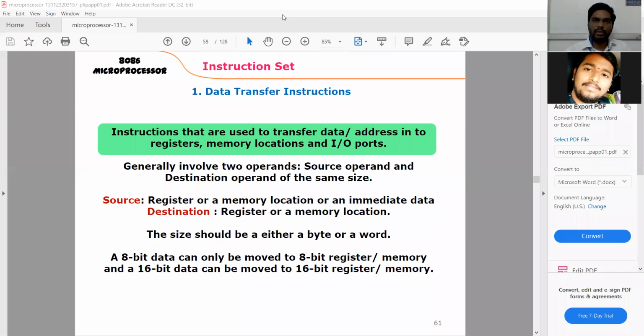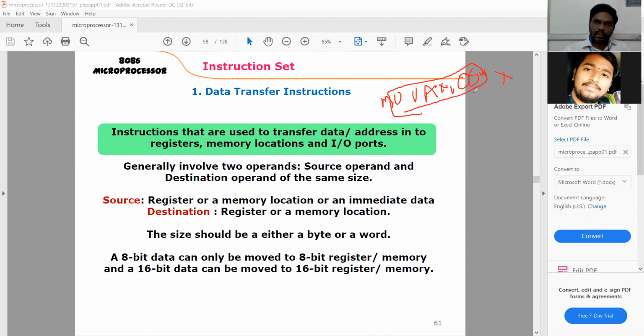Here you have to remember that whatever the size of the source operand, the size of the destination operand should also be the same. Suppose we have, let us say, MOV AX, 08. This is not a valid instruction. Why is it not valid?